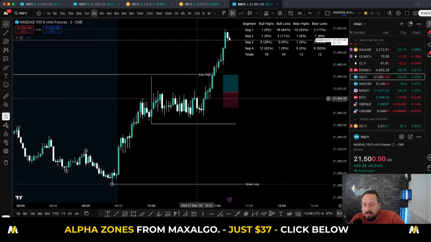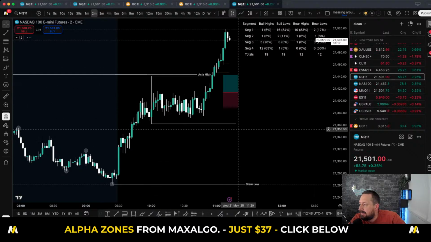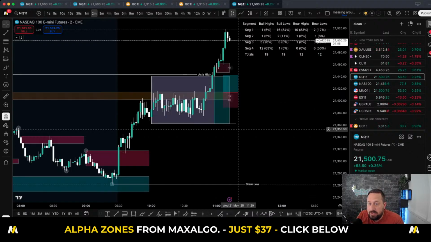So that'll be coming for Alpha Zones. We've got more statistics coming for Traders Toolkit, so they'll be out as well. We have the ORB indicator and strategy still in development, and that'll be out as well.